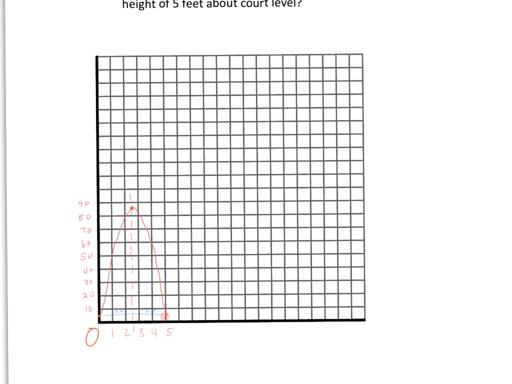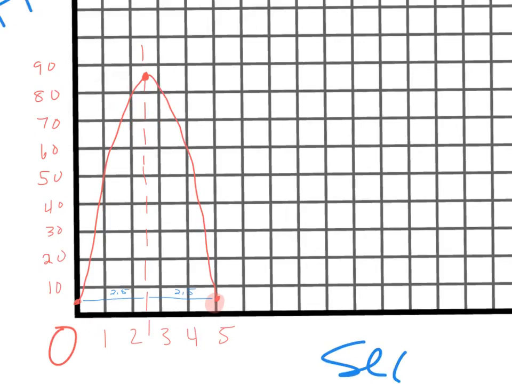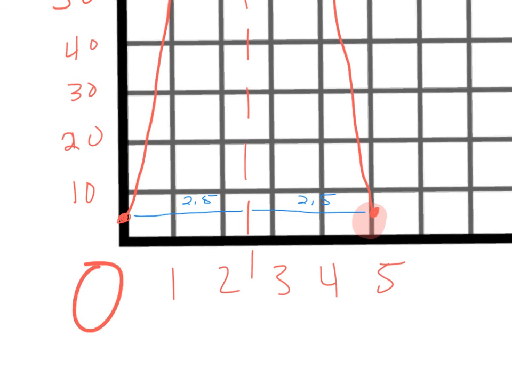We need to label this. This would be seconds. This would be feet. Slingshot, or you can talk about t-shirt. Label all your parts. But when will it hit 5 feet again? It's going to hit 5 feet at 5 seconds.